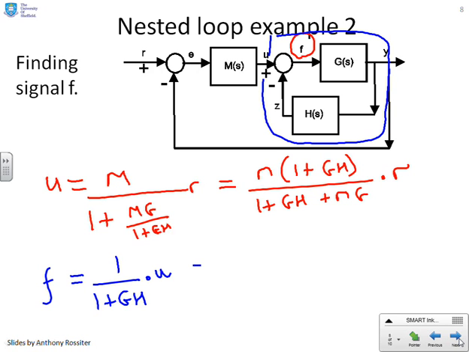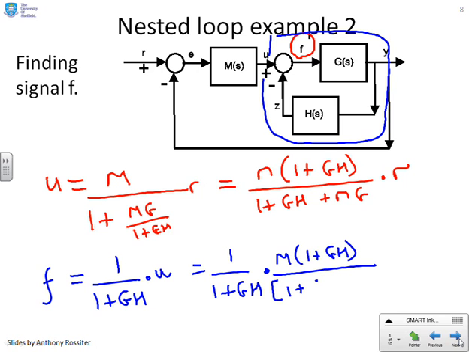So therefore I can write 1 over 1 plus gh into m, 1 plus gh over 1 plus gh plus mg, into r. And the bright ones among you will have spotted straight away that there's a cancellation here, and so you end up with m over 1 plus gh plus mg, into r.